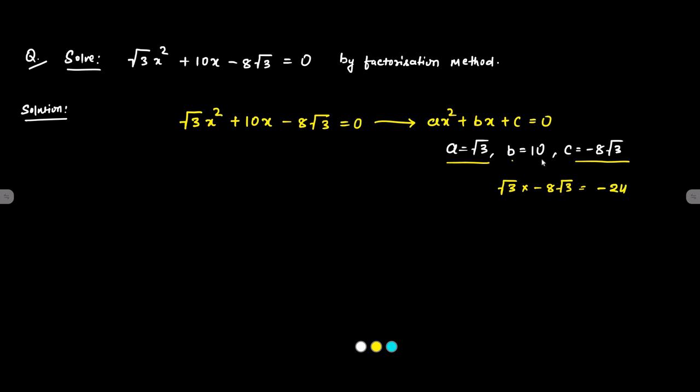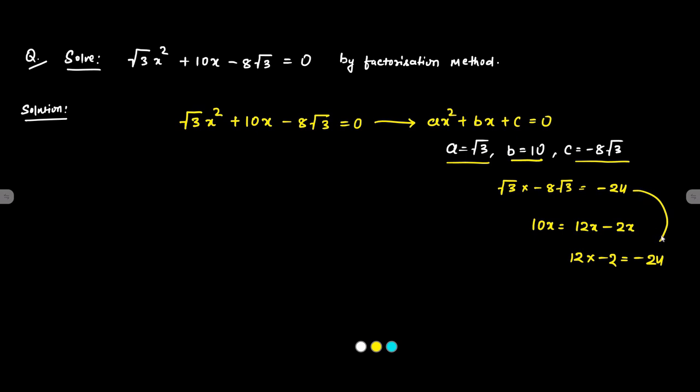Now we have to split the middle term 10x in such a way that the resultant product of the two split terms is also equal to minus 24. So we can do it as 10x is equal to 12x minus 2x, because 12 into minus 2 is also equal to minus 24.